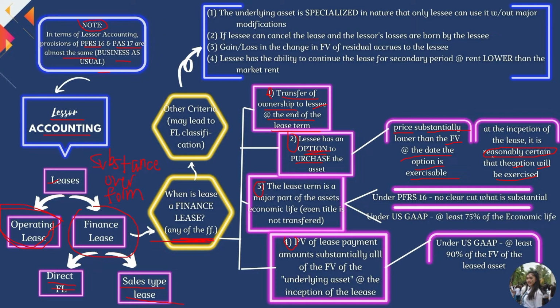Okay? So, to continue, before we proceed to that statement, I have something to explain first because in lessor accounting there are 2 important dates. If you notice, it mentions what is called the inception of the lease. Okay?